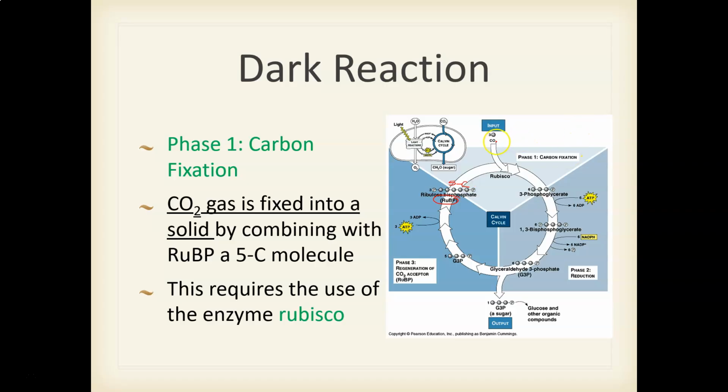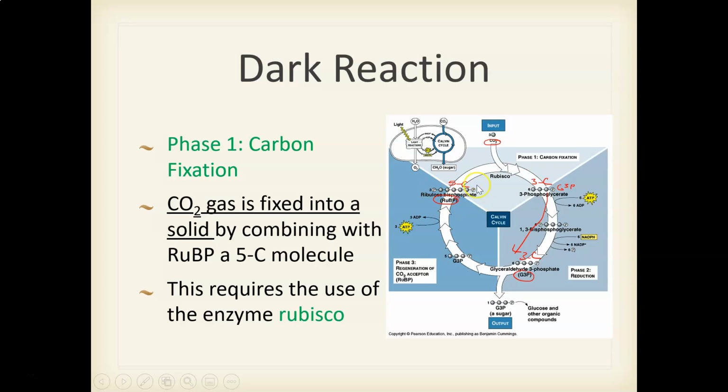Okay, I'm going to bring in my carbon dioxide from the environment, and here is that G3P molecule here. Okay, it's a 3-carbon molecule. Okay, that will ultimately create that G3P down here, which is also a 3-carbon molecule.